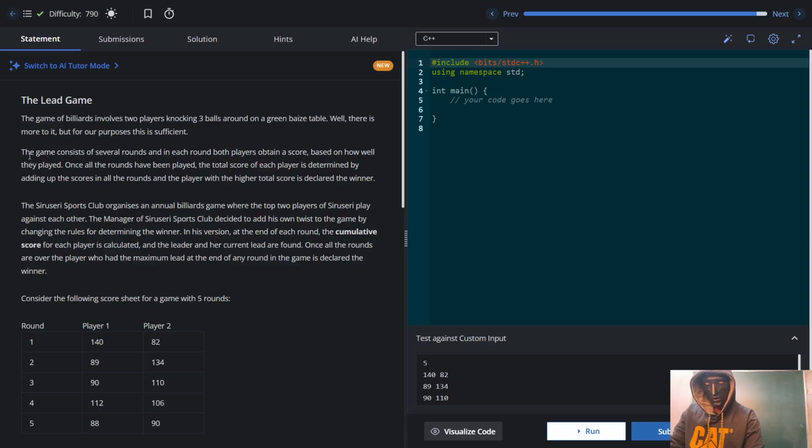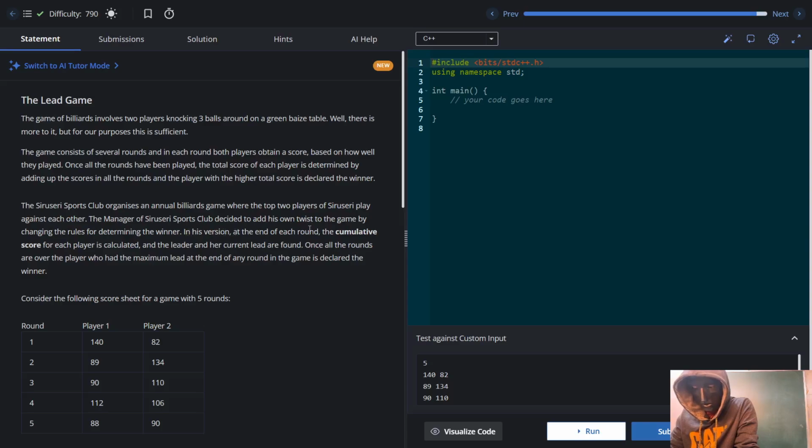So basically, in the billiard game, you find the scores obtained by each player in each round, and at the end, whoever had the highest total score was declared the winner. But the manager of this Siruseri Sports Club decided that he wants to twist the rule. So let's understand what his rule is.